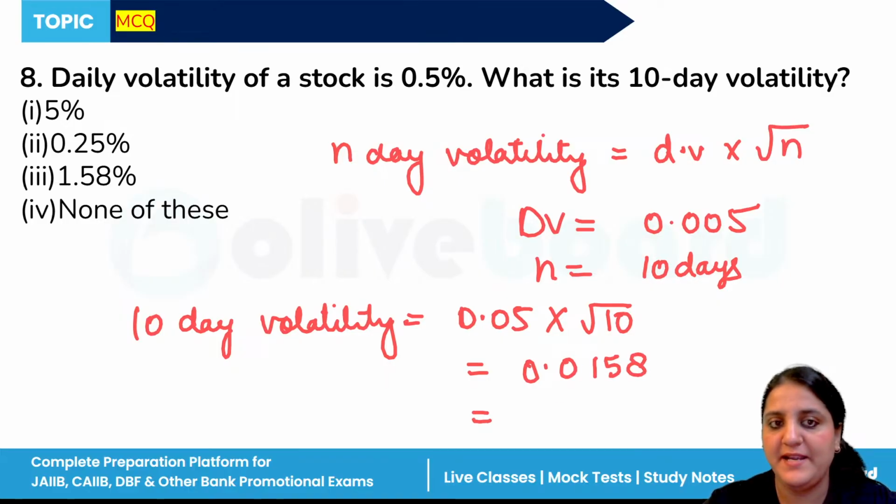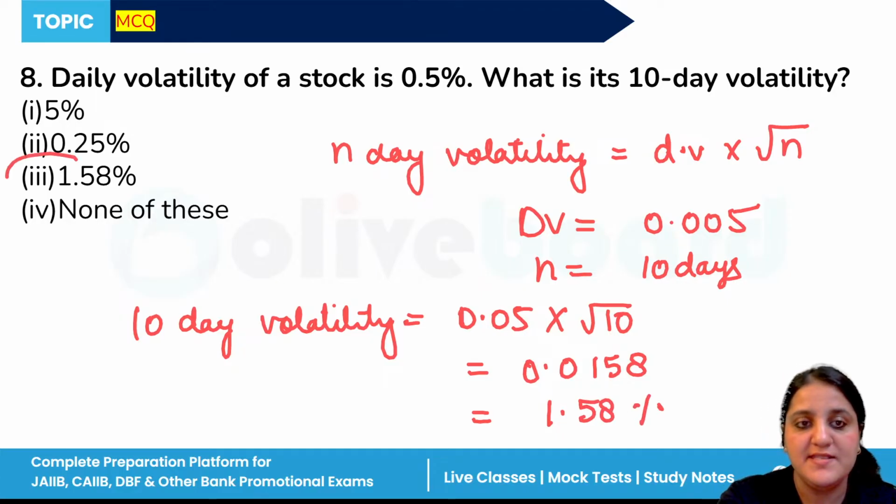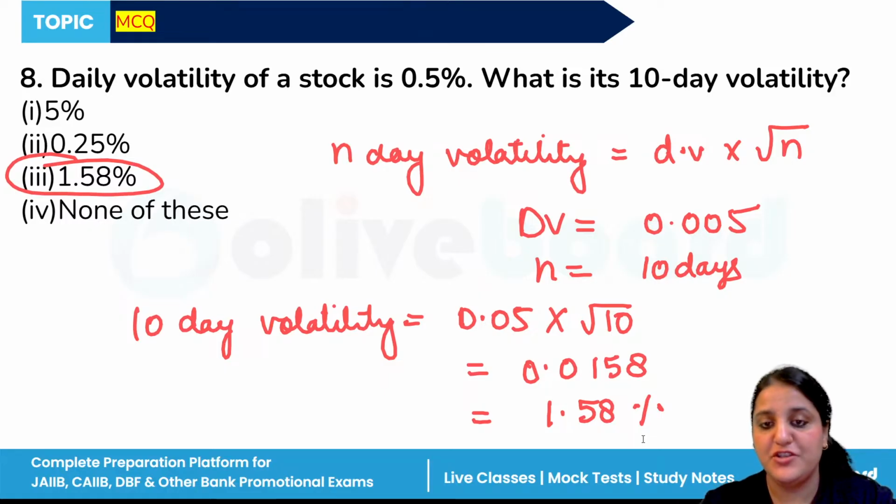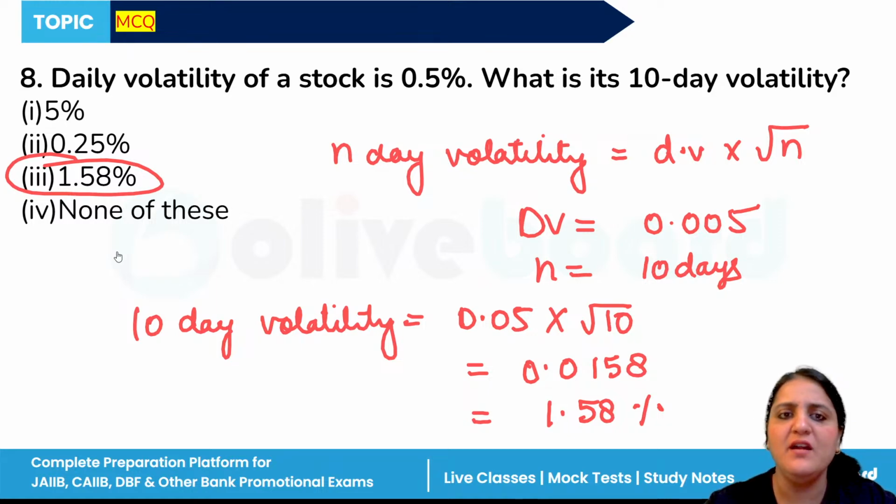So if we multiply it by 100 for finding the percentage, that is equal to 1.58%. So option C is correct here, which means volatility increases with the square root of time. 10-day volatility is higher than 1 day because there is more uncertainty over the 10 days, right? So the correct answer is option C.